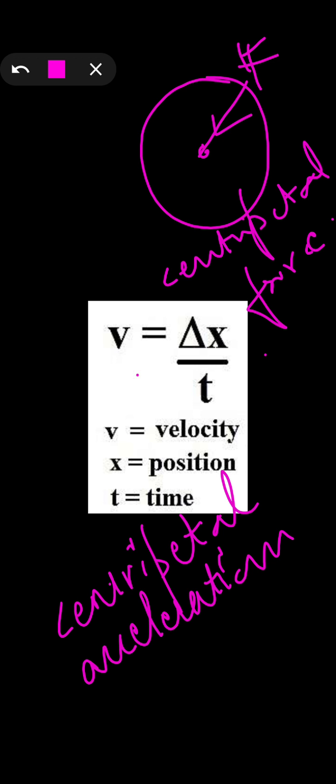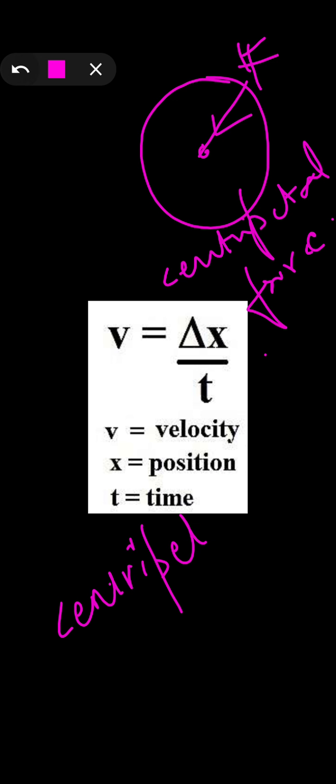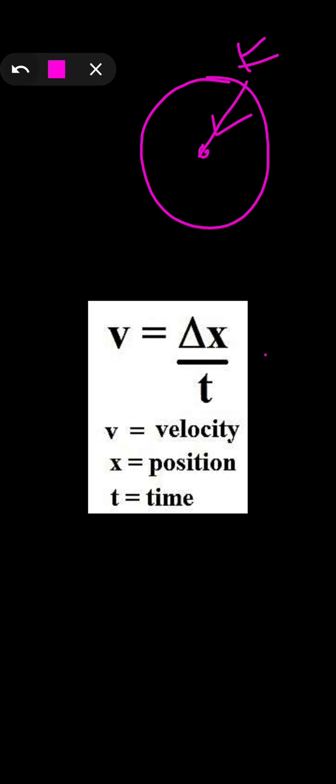If we look at one more relationship, to find the centripetal acceleration we can write one more relation. We know that acceleration is equal to del v upon del t, right? And we have seen that v is equal to omega r.